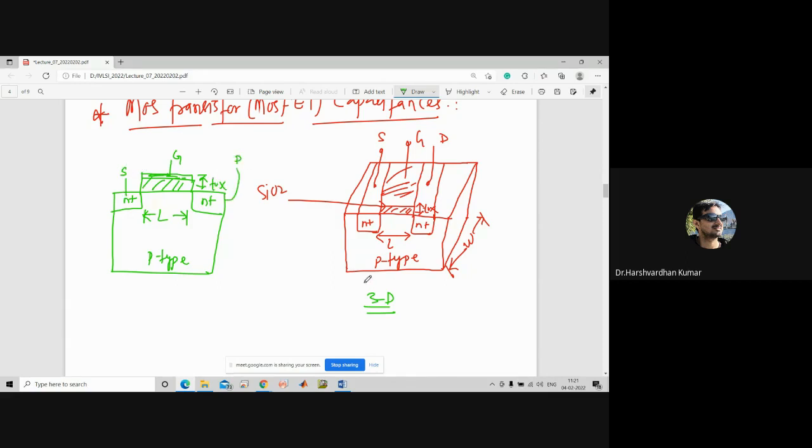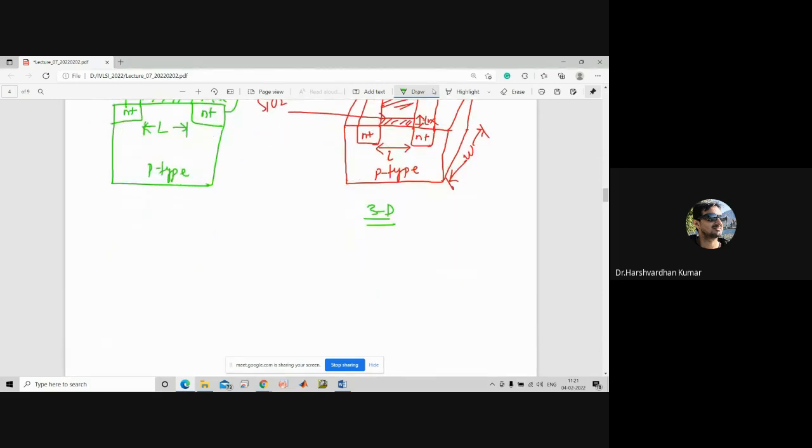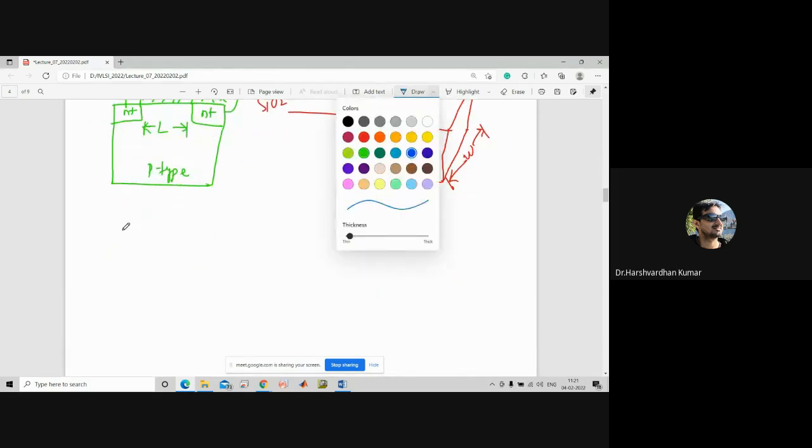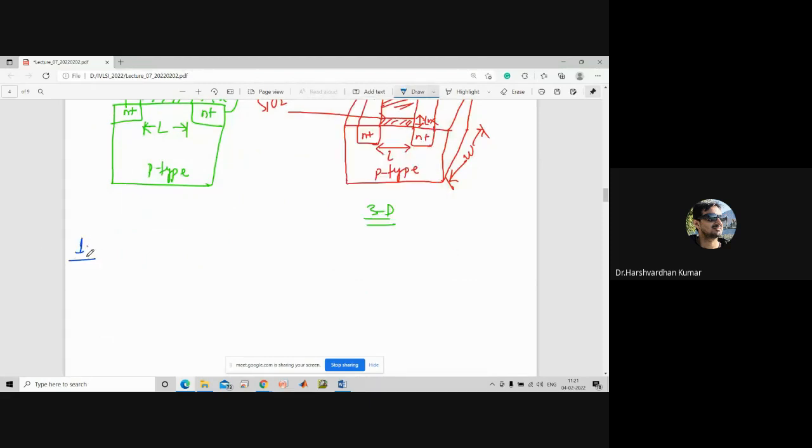Okay, so now let us talk about the first capacitance. There are various types of capacitance under the MOSFET transistor. The first capacitance is known as the oxide capacitance, represented by COX, and always remember, its unit is farad per centimeter.